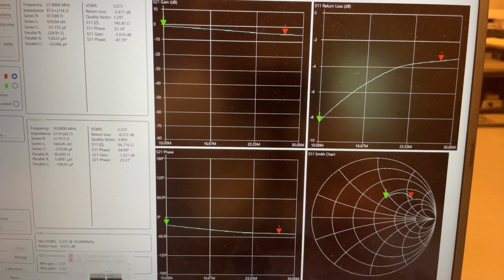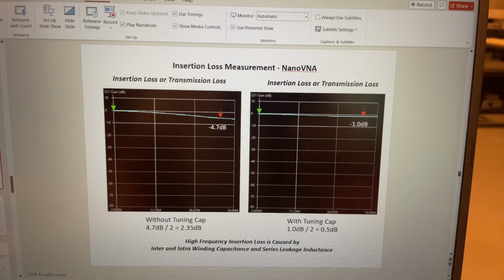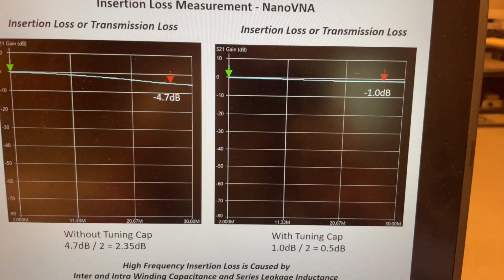If I go back to my PowerPoint slide here, very close to that. And I'll just put this in presentation mode again. So yeah, I just measured 1.1, rounded off. So you can see that we're able to compensate by just adding a capacitor.